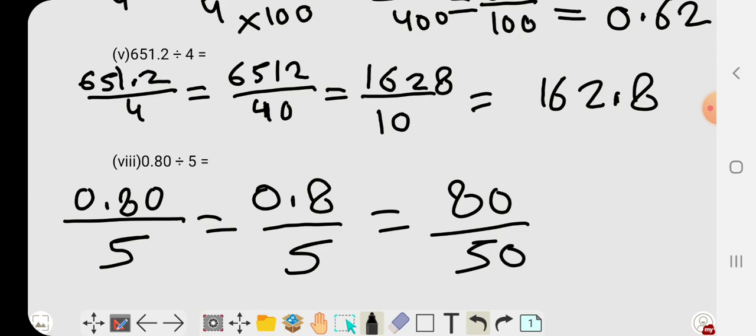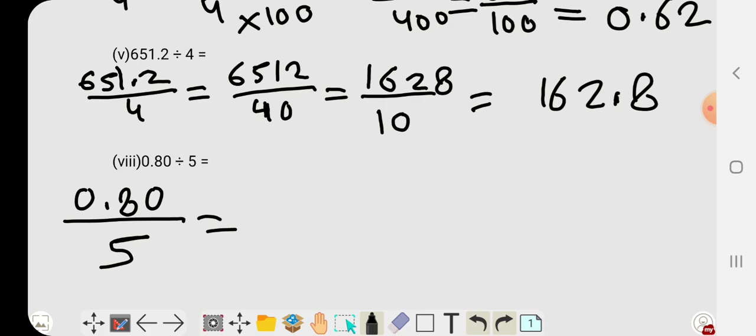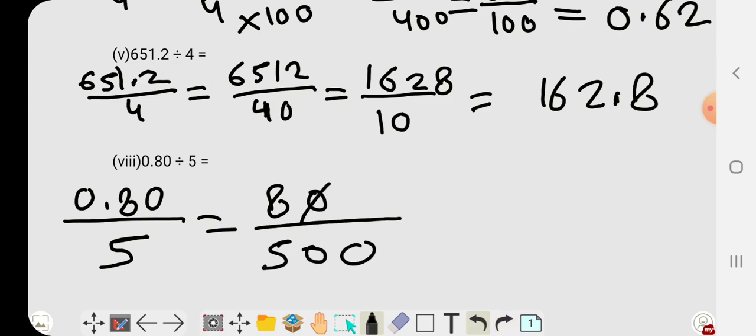You can just calculate it. Or you can just keep it like this. You can multiply with 100, it will become 80 and 500, and then you can calculate it. In both cases you will get the same answer. So the rest of the parts of this question you have to do by yourselves.